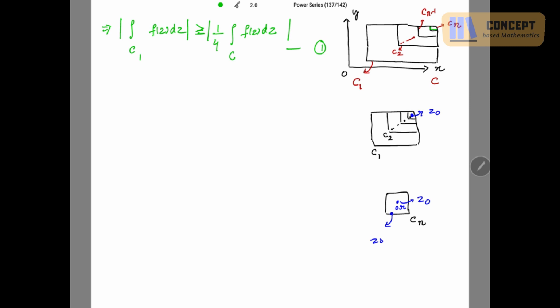So as above, for at least one rectangle denoted by C2 we have, just as we made this for C1, similarly for C2 also the same inequality, that is this mod is greater than or equal to 1 by 4 times the integral over C1, because in the previous step C is divided into 4 rectangles, and we took any one of them as C1. Now again C1 is divided into further 4 rectangles and we take one of them as C2 and write this expression.